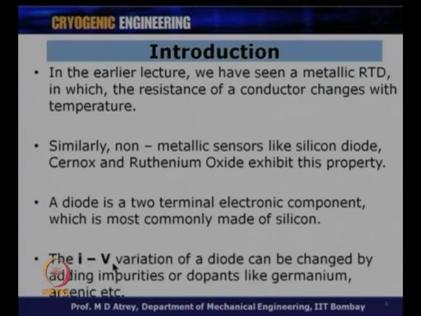The I versus V characteristics, the current-voltage variation of a diode, can be changed by adding impurities or dopants like germanium, arsenic, etc. And therefore, we can have the kind of properties which we want at various temperatures.